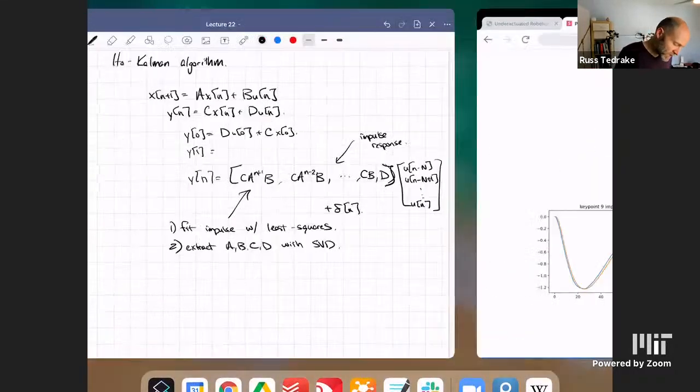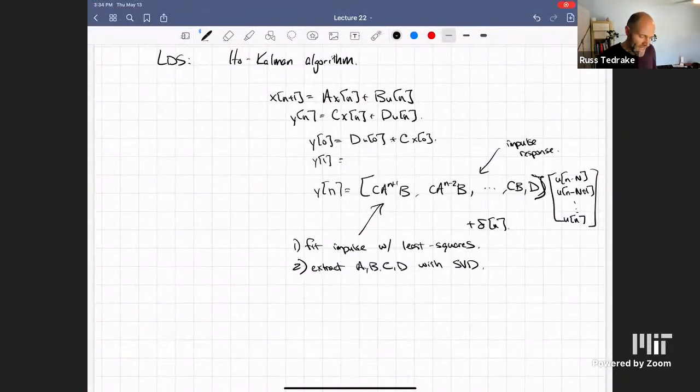So the optimization that it's solving here is in some sense a long-term optimization, right? And it happens in this step where I do a least squares over this whole rolled out data matrix, okay?